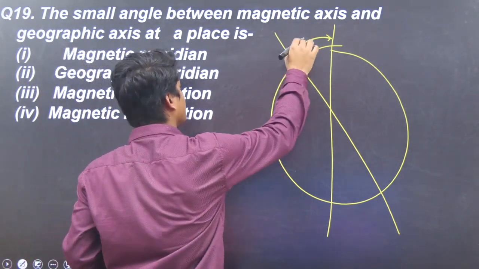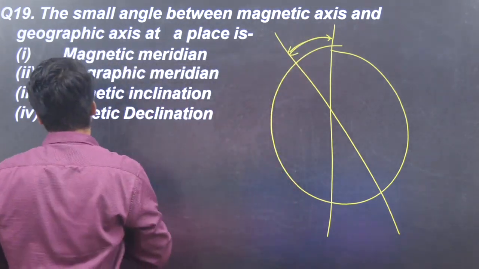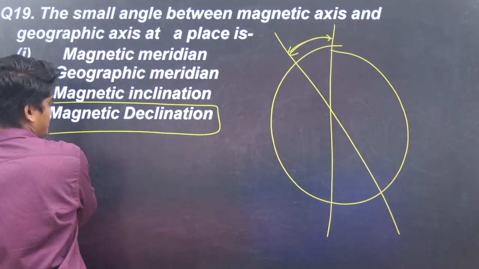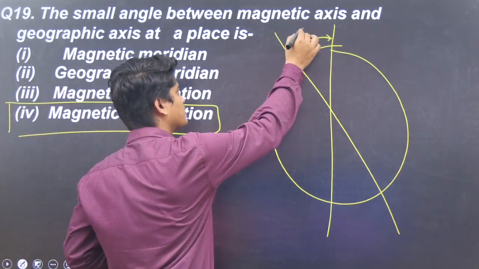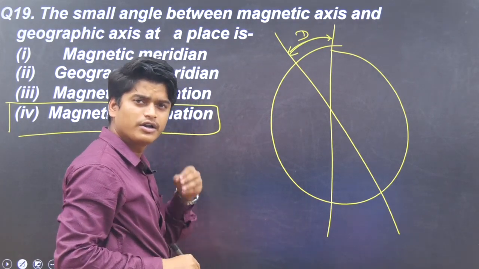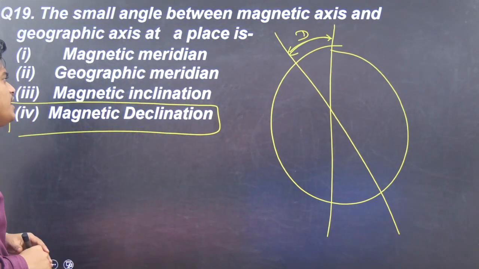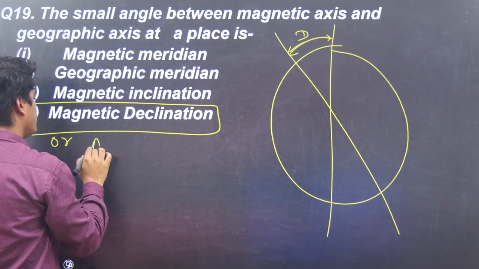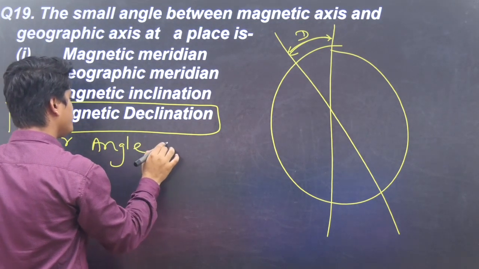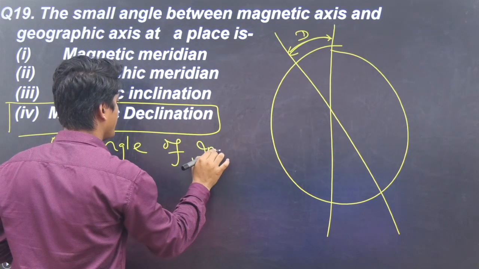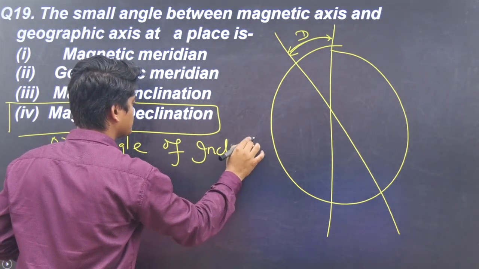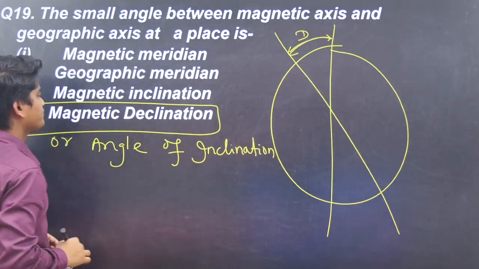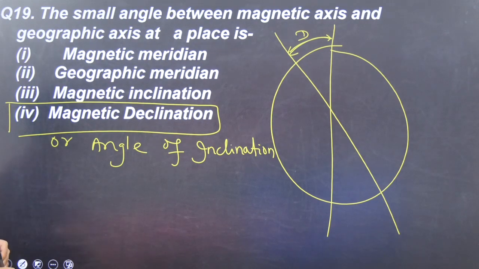So this angle is called basically what? It is called magnetic declination. You can sometimes write D, or you can give theta also. Magnetic declination, or you can also write it as angle of inclination. So either you can write magnetic declination or angle of inclination.